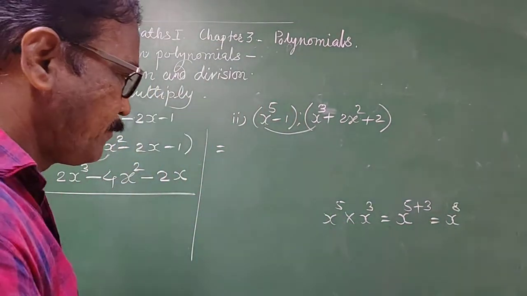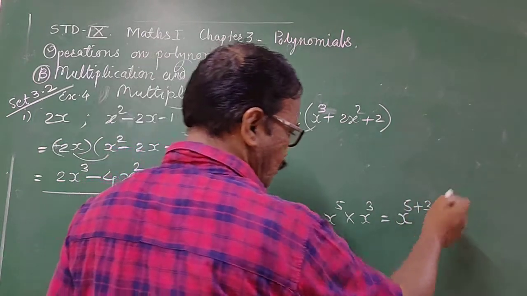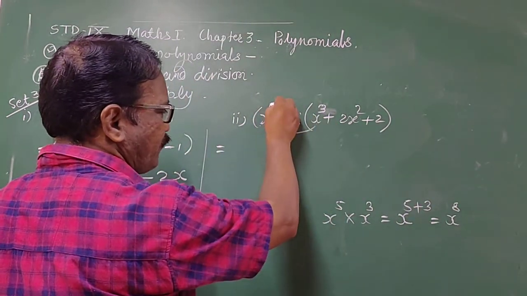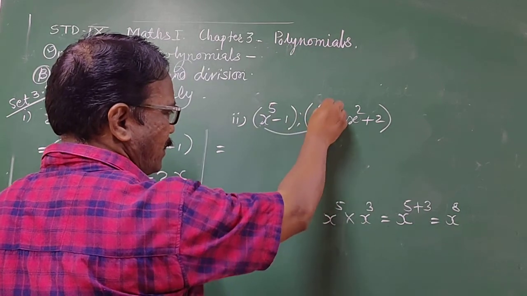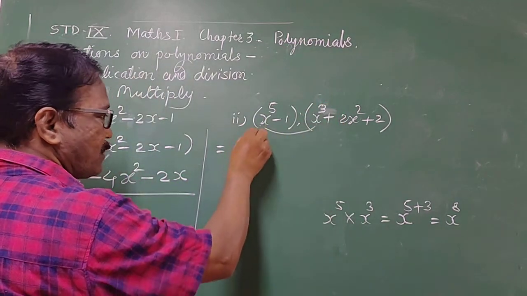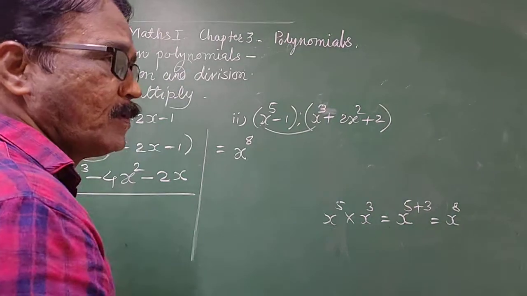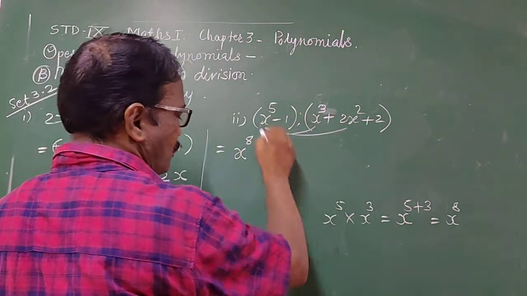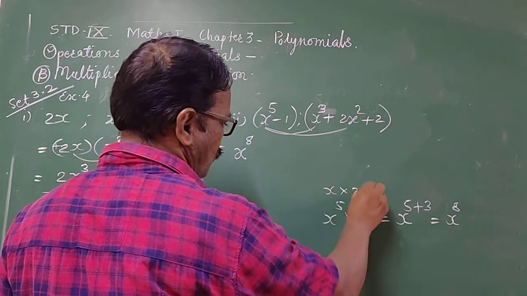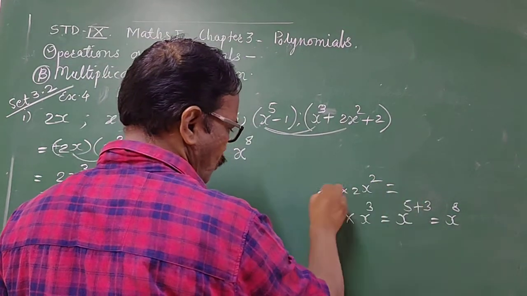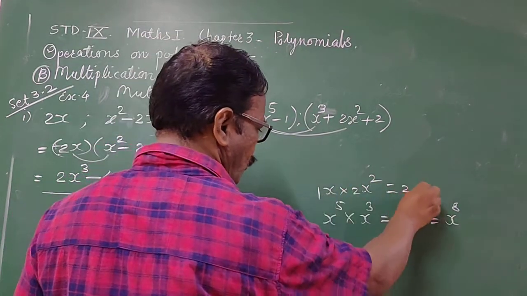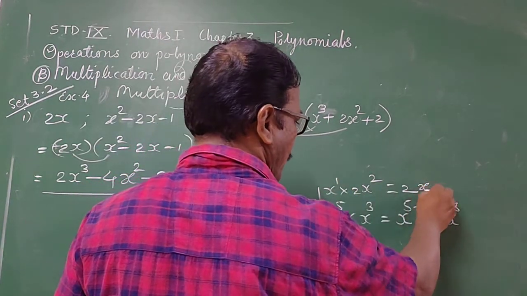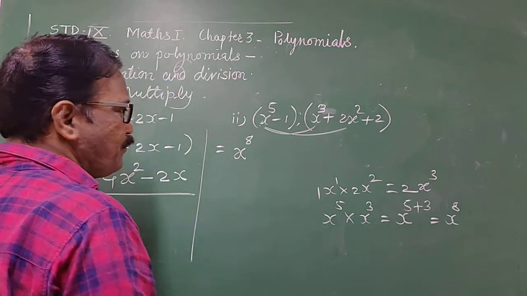We add the indices. Then x into 2x square: 2 into 1 is 2, and x into x square gives x cube.